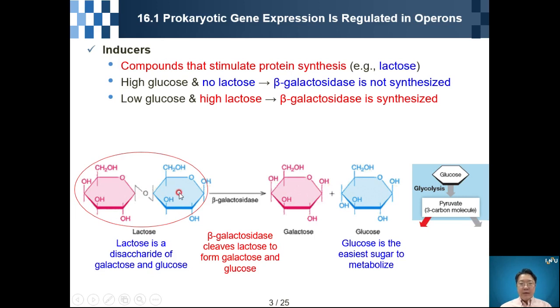And what is beta-galactosidase? The main function of beta-galactosidase is to cleave lactose to form galactose and glucose. Glucose is the easiest sugar to metabolize, so usually glucose is directly used in glycolysis.